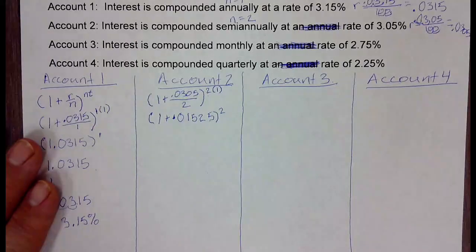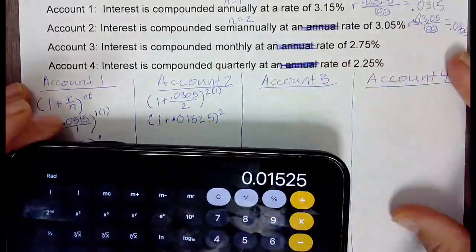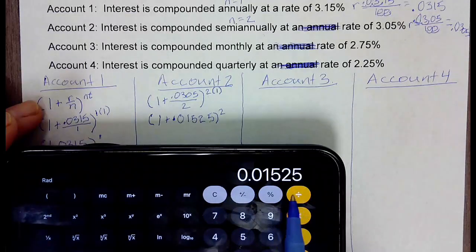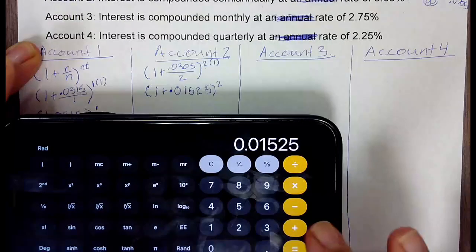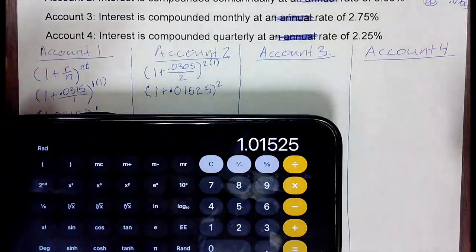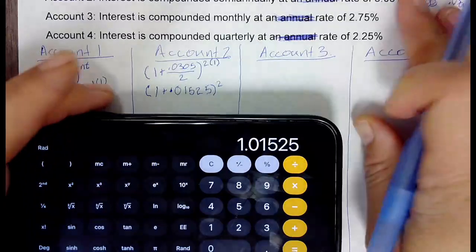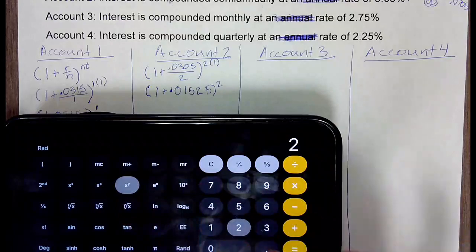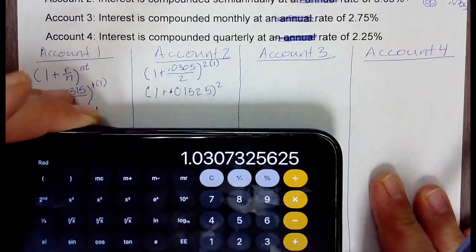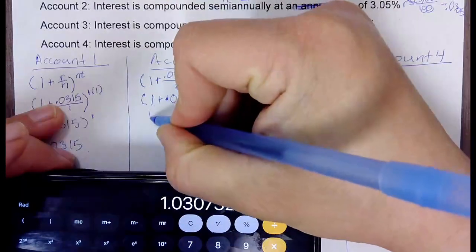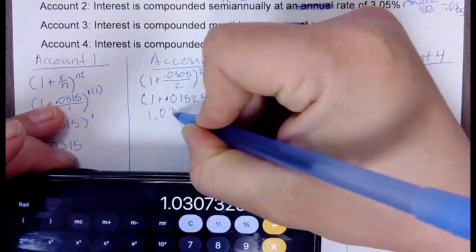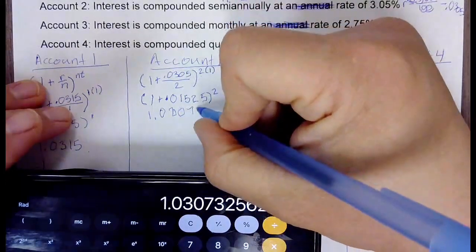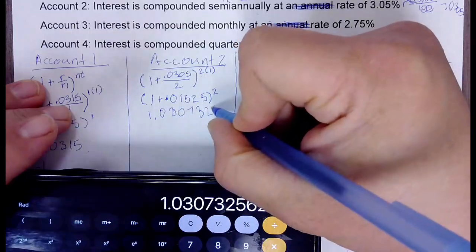So for account 2, I'm going to add this together. So 0.01525 plus 1 equals 1.01525 to the power of 2 equals 1.0307, that's an awkward 3, 325.